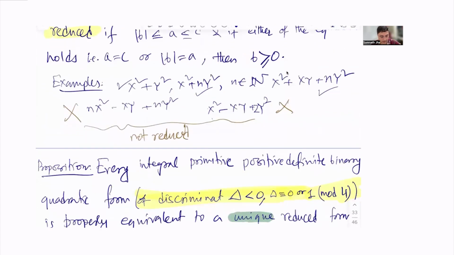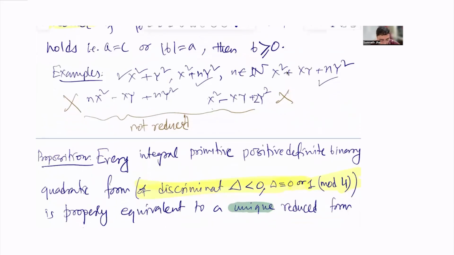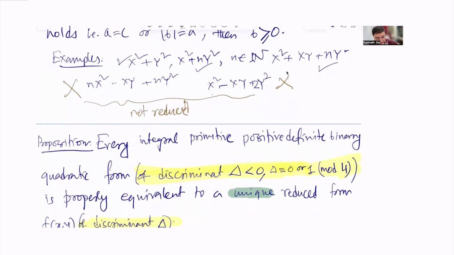So what we proved last time is that every equivalence class contains one reduced form. You fix a discriminant delta, and every positive definite integral binary quadratic form is equivalent to a unique reduced form of discriminant delta, and any two distinct reduced, positive definite, primitive binary quadratic forms are not properly equivalent to each other.